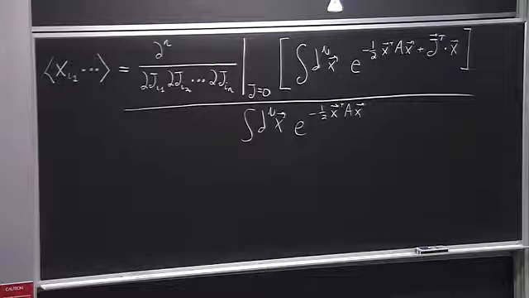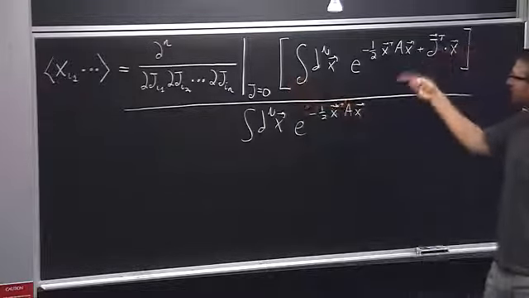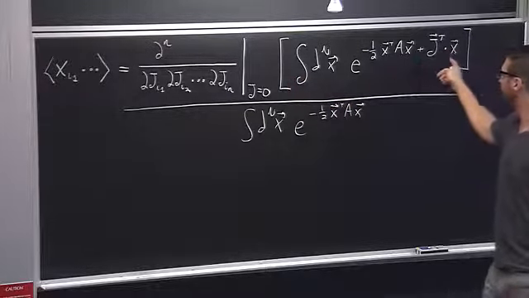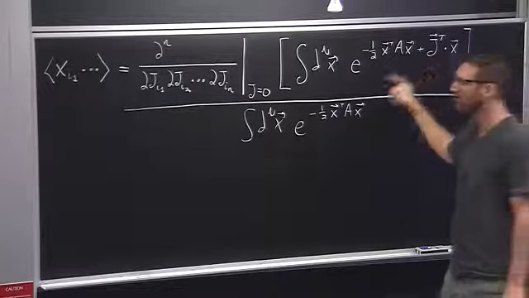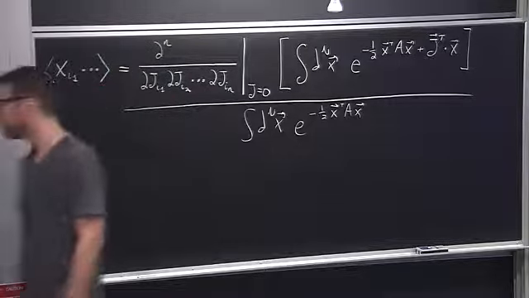Okay, so we'll see explicitly how this differentiation works, but you can imagine just moving it in here and rattling off a bunch of these x's, the ones that you want, the components of this vector that you want right here.